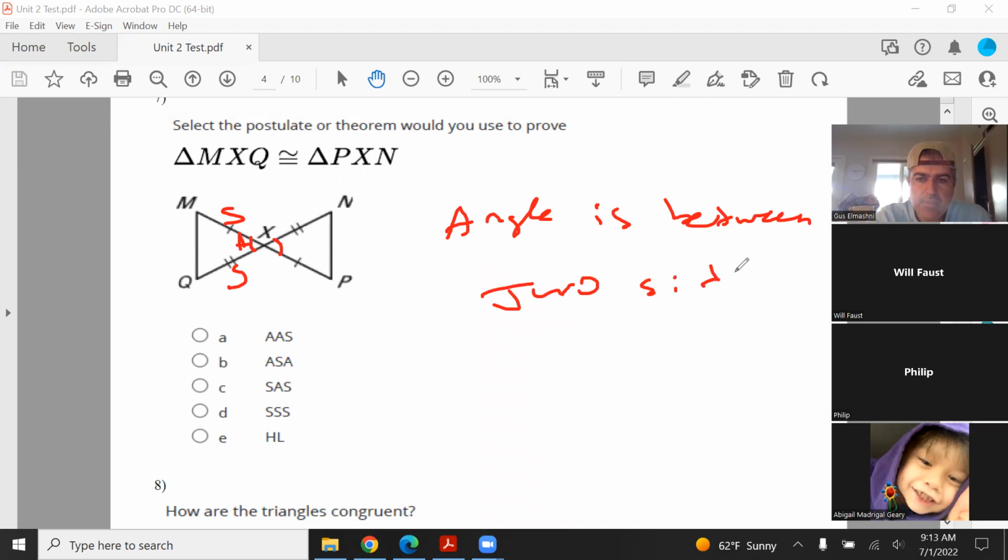It's between the two sides, okay? So totally that's going to be a side, angle, side. So you're going to say side, side, side, but there's no markings for MQ and NP, right? So we're going to say hypotenuse leg, there's no right triangle.